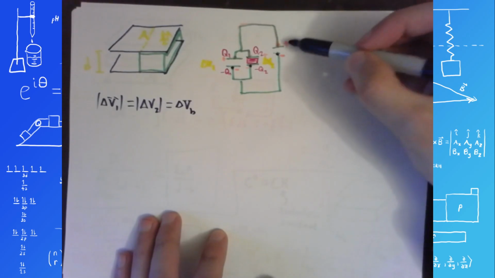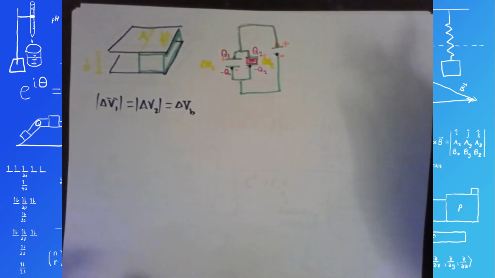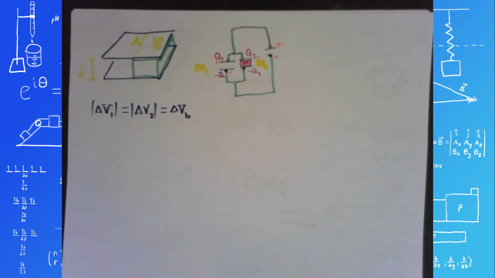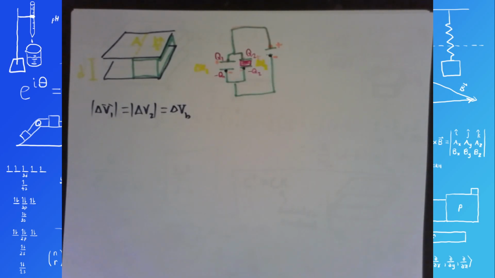And as for the reason why the battery has a higher voltage on its positive side versus its negative side, that has to do with the chemical reactions happening inside the battery. You can learn more about that in chemistry if you haven't already. But you can assume that a battery is able to maintain a difference in voltage across its 2 ends.